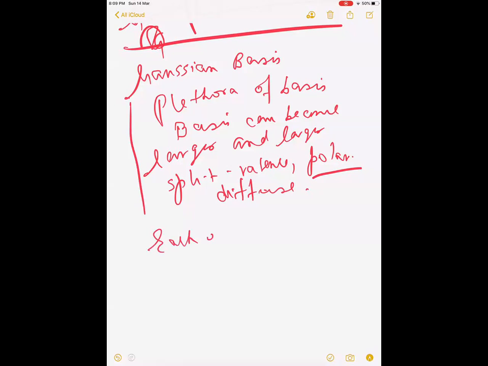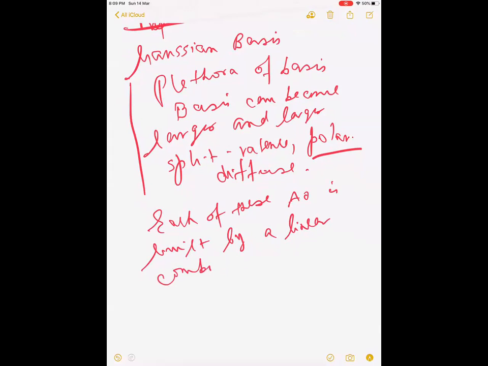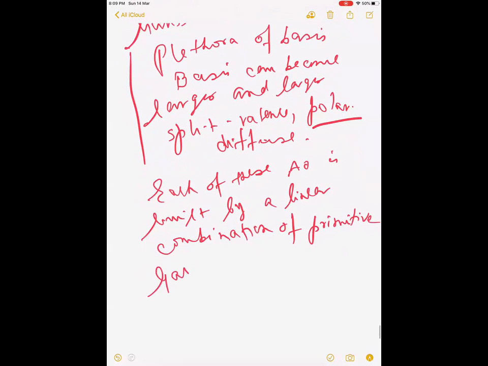Each of these atomic orbitals, each of these AOs, is built by linear combination of primitive Gaussians. Eventually, the entire program runs on Gaussian integrals.